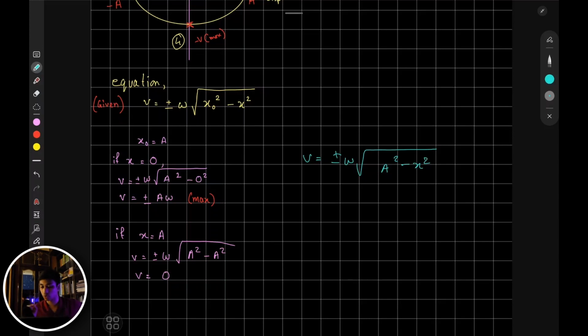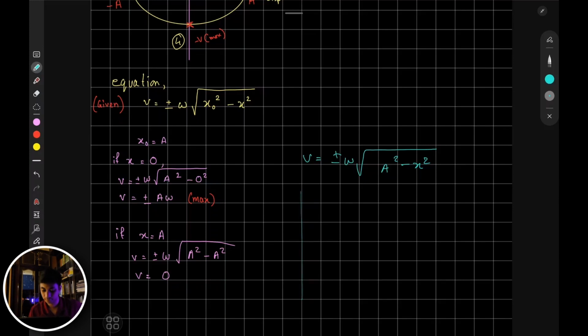Let's say you have to find the maximum velocity. When is the velocity going to be maximum? When the value inside this root is maximum, so that the total velocity is greater. When is this value going to be maximum? That is when x, or the displacement, is 0.